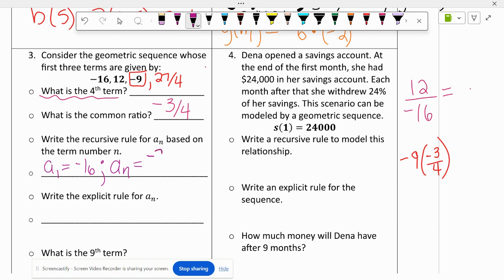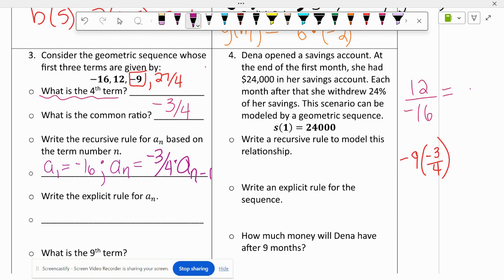Negative 3/4 times what? Finish out that sequence. Yes, thank you so much, Jaden. A sub n minus 1. That's your recursive rule.